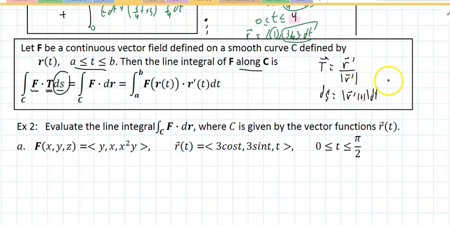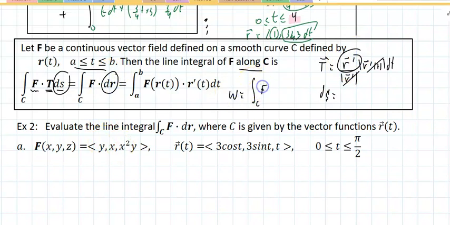So if I take this and I put it right there, wouldn't these two cancel out? And what are you left with? r prime. And guess what? Work is the integral along C of F dot dr. That's a big deal for us, something that's never going to go away.